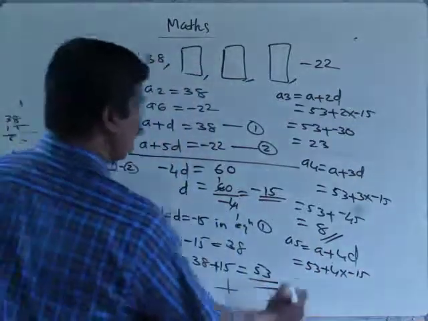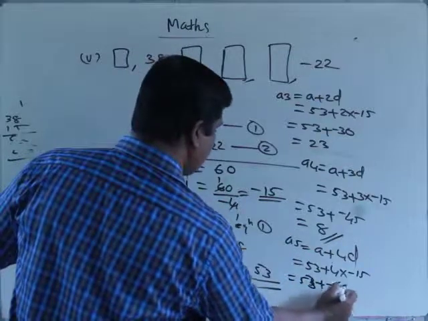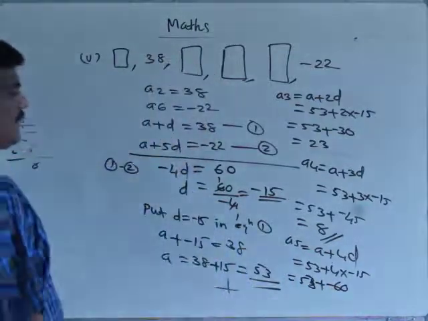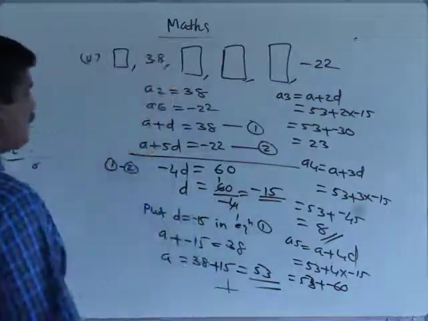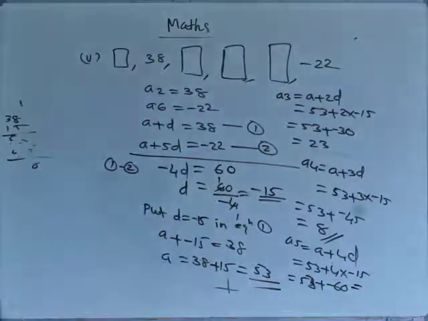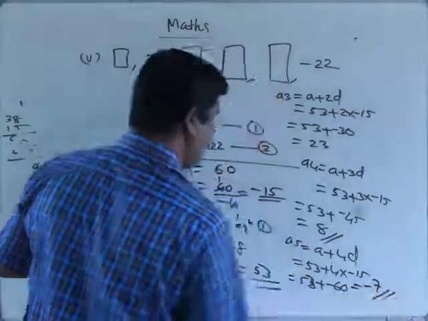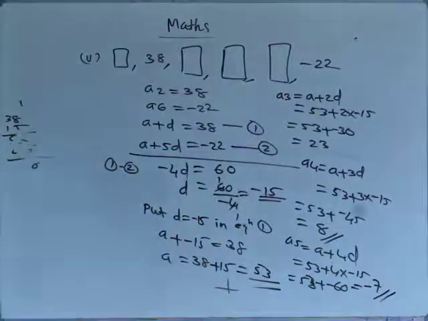So here 53 plus minus 60. Okay. So what is the difference? One is positive and the other is negative. What is the difference? 60 minus 53 is 7. It is minus 7. So A5 is minus 7.